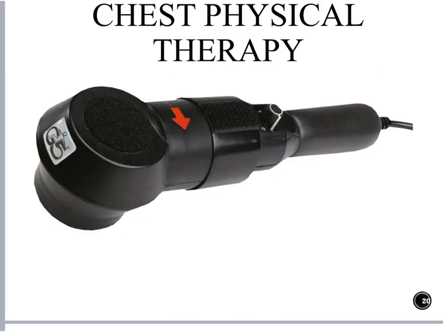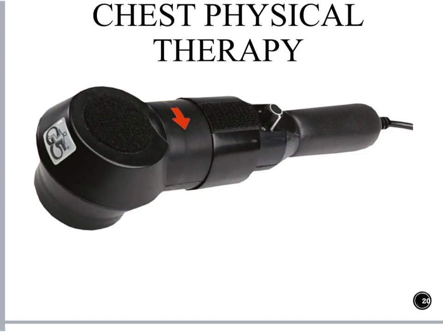This is a picture of a mechanical percussor. Manual percussion equals hands. Mechanical percussion is using a tool, an electronic device. This will deliver a constant rate of rhythms and impact force, so it decreases caregiver fatigue.